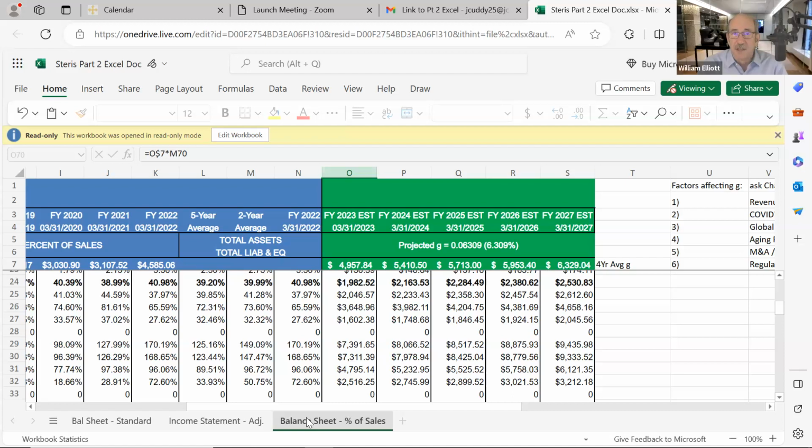Then you just take that average, and then you pull the most recent earnings from Steris, grow that to the next year, to 2024. Actually, let's forget about the fiscal year ends in terms of this one. 2024. So let's just think of that as the calendar year 2024.